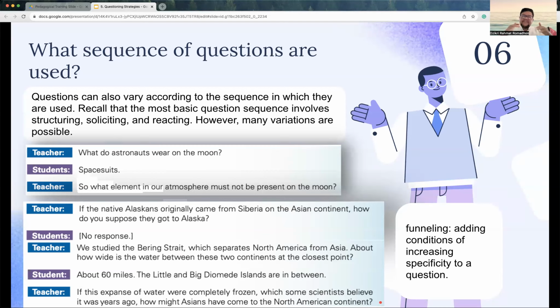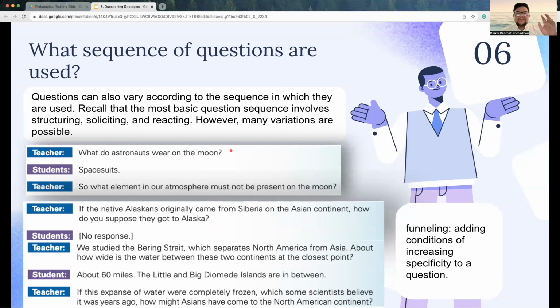So from these more specific questions, the student can now imagine that, oh, people can pass over the frozen sea, so they can move from Asia to America. This type of question sequence is called funneling. Funneling is like adding conditions of increasing specificity to a question.